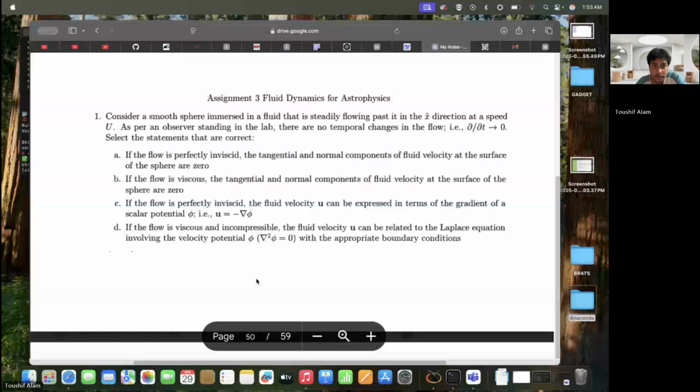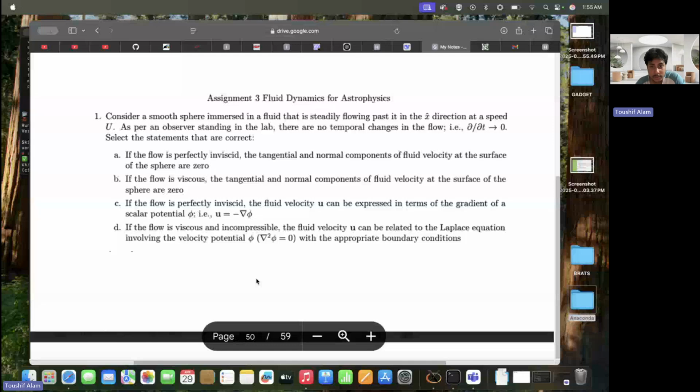Okay, so option B: if the fluid is inviscid, it is irrotational, so the curl of U is zero, and it can be expressed as a gradient. For viscous flow, this is not valid, because the curl of U won't be zero.